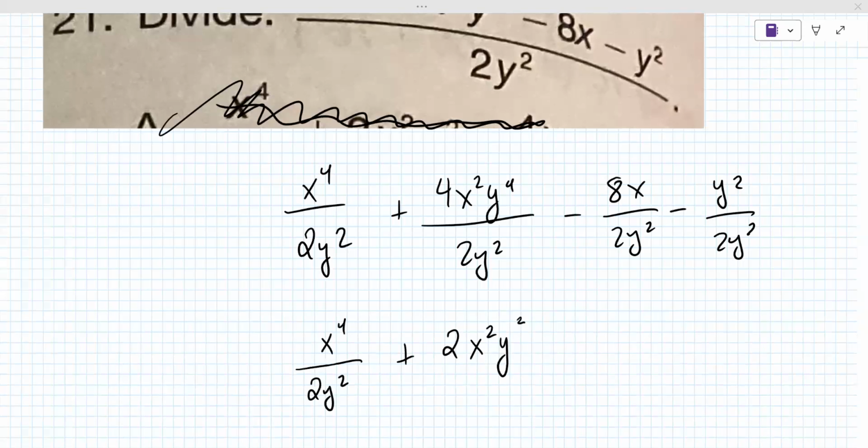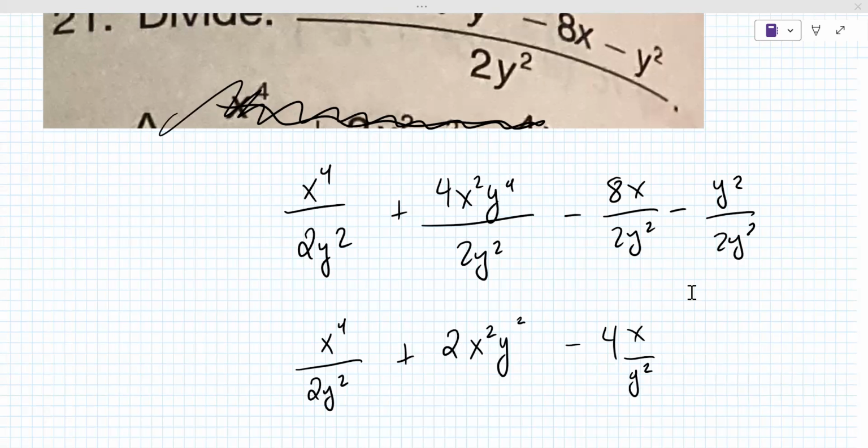And then 4xy squared. Yeah, you leave the x on top and the y on the bottom. If there's nothing to do, you just leave it where it was. How about the last one?